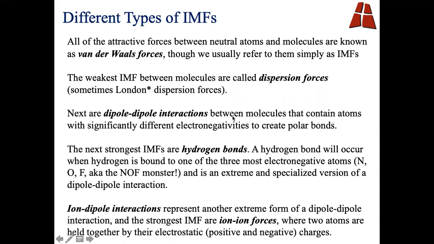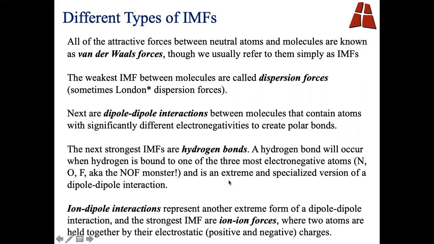We also have dipole-dipole interactions, which is our intermediate strength intermolecular force that is found in molecules that contain a dipole, basically difference in negativity or positivity caused by a difference in electronegativity. And then we also have hydrogen bonds, which are an extreme case of a dipole where you have a hydrogen bound to either nitrogen, oxygen, or fluorine.